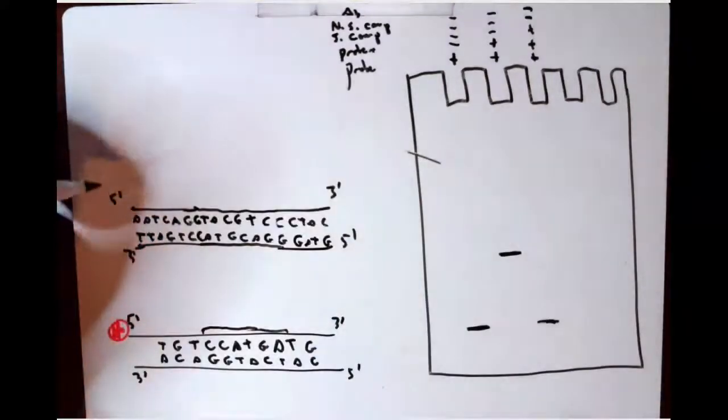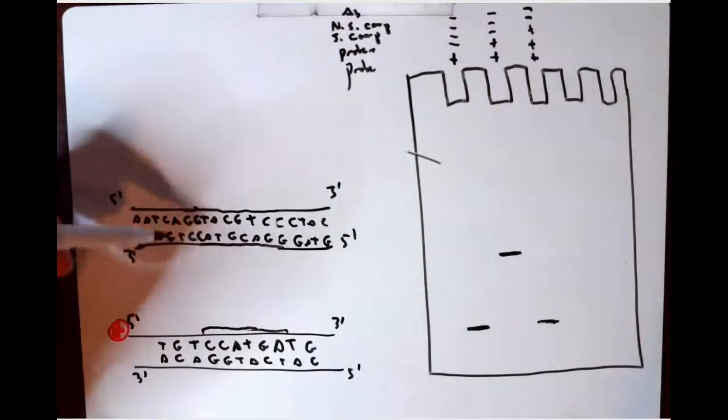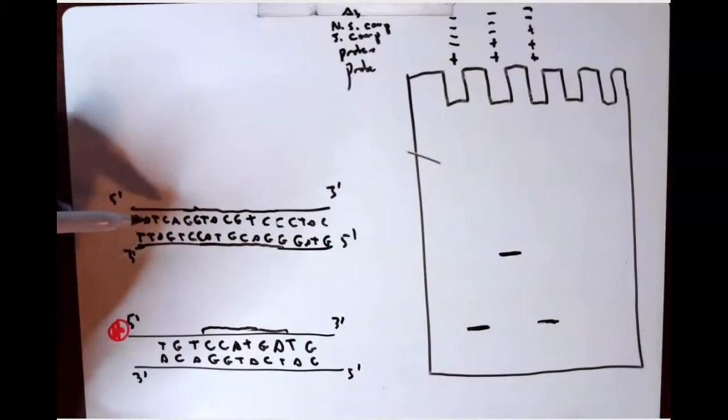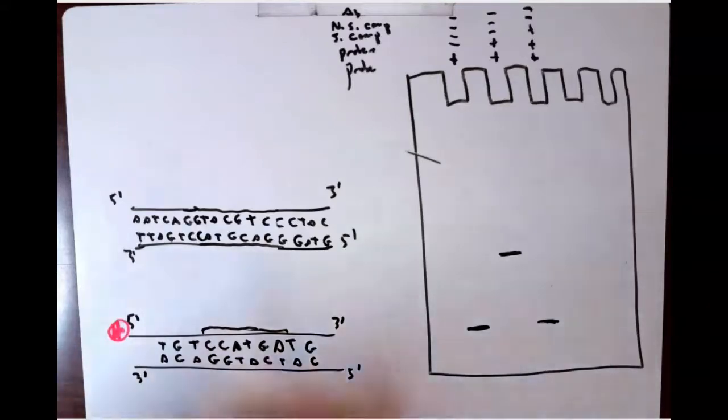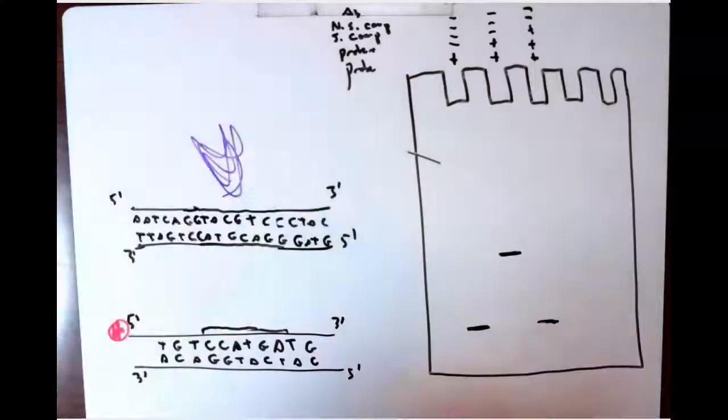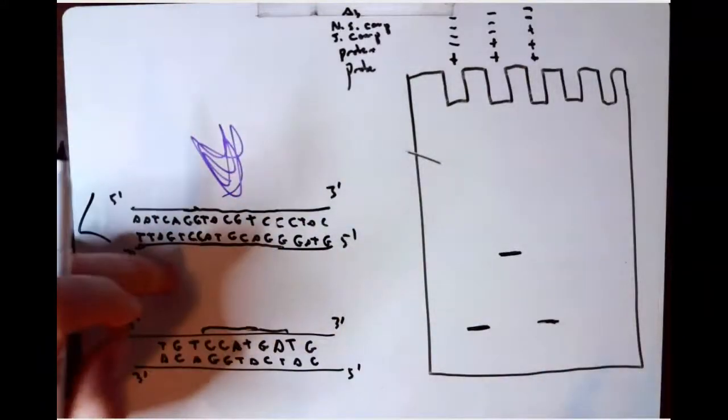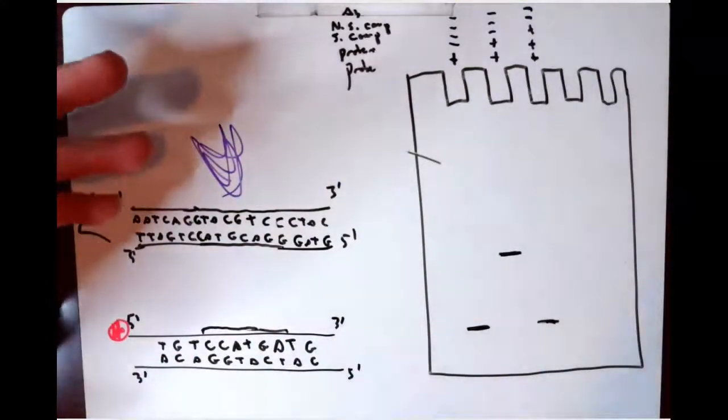Here's our non-specific competitor. Here you'll notice that the sequence is also cold. This is a cold competitor just like before, but now it lacks the consensus sequence that we're sure our protein binds to. If our protein was indeed binding non-specifically, and it just likes DNA, and there is a lot more of this competitor than this, we're going to lose the shift again.